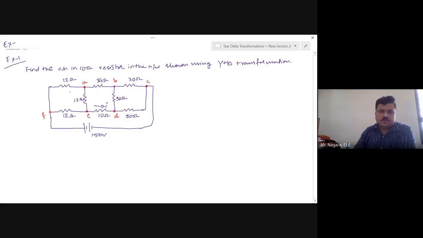Now, no two resistors are in direct series or in direct parallel. It is very much evident now. So I have to go for star to delta transformation or delta to star transformation.